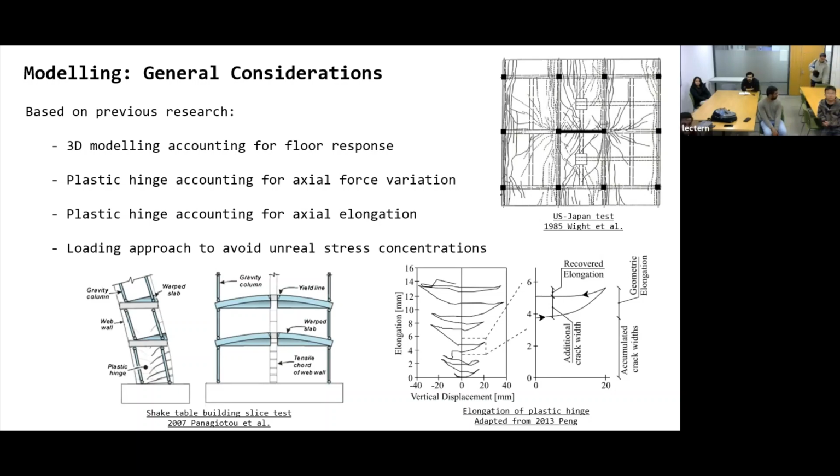So if the wall is going to elongate, I need to capture that elongation in order to model the real behavior of the wall and the real interaction with the floor slab. And then the last one, since I'm going to work with a three-dimensional model, is to have an appropriate loading approach, so I don't generate spurious loads or unreal stresses in any of the elements.